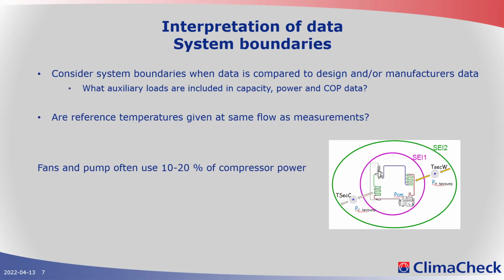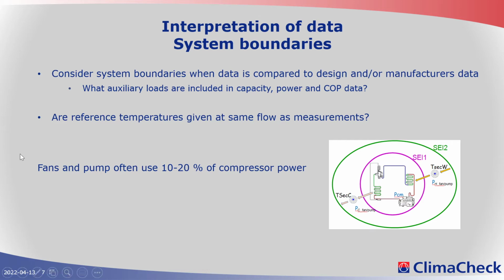Also, if you compare data with design or rating or something, always bear in mind what system boundaries you are looking at. If you measure only the compressor power, then of course the performance is something different from if you include pumps and fans. And different standards for different types of units, some include fans, some include pumps, and some do not.